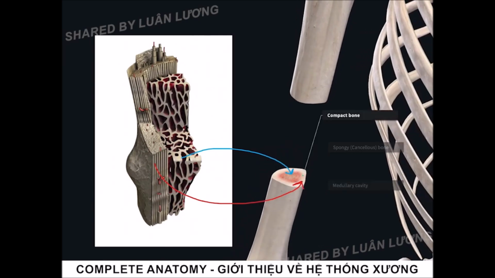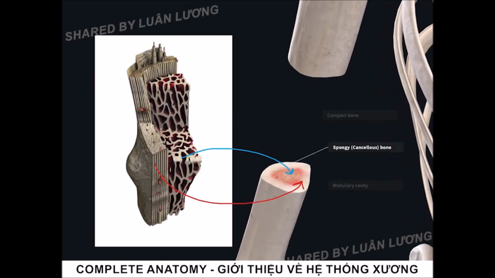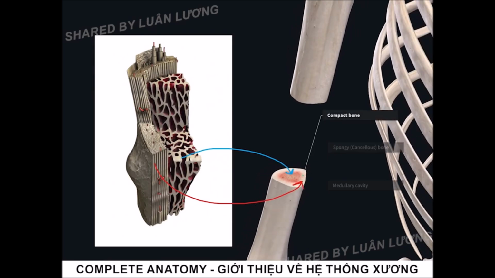Now, the medullary cavity is where we find the bone marrow, and that's typically full of the spongy bone. Now, as we can see, there's a difference in appearance between this cortical or compact bone and the spongy bone. And one of the most noticeable differences is the difference in surface area between these types of bone.